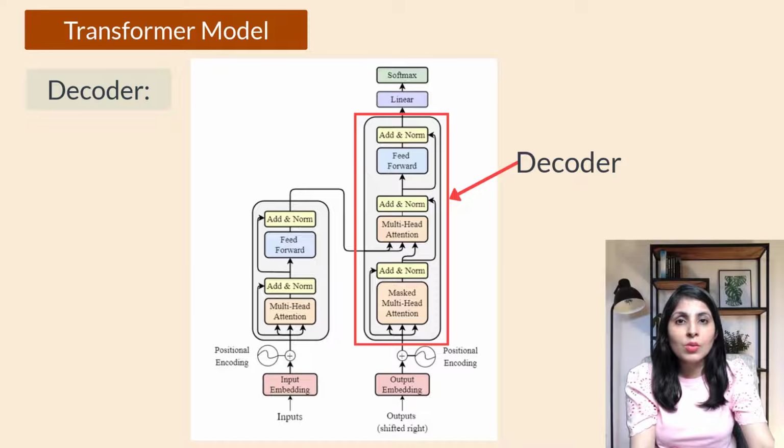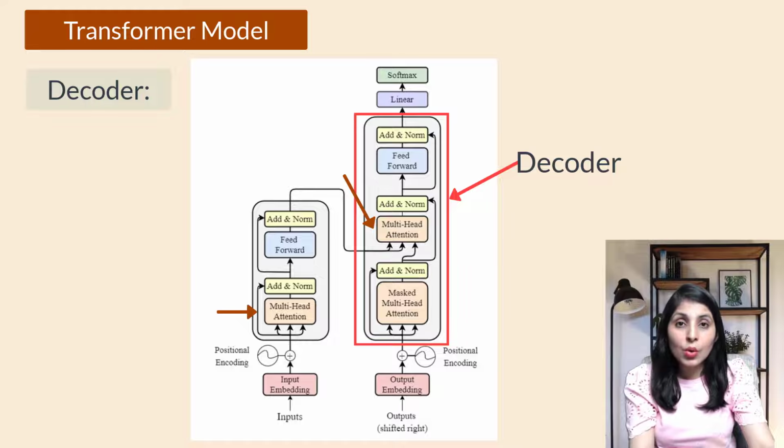So basically how it works, it receives information from the encoder which has already been processed, the input sequence, right? So now you'll see we have self-attention in decoder also. We have self-attention in encoder, in the same way we have self-attention in decoder also.